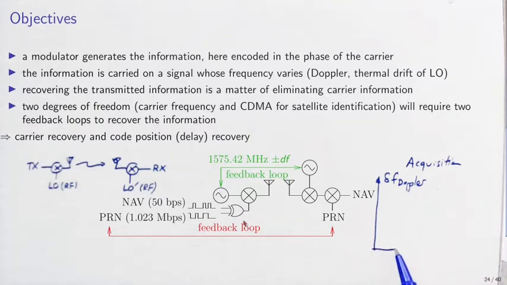And on the other hand, we will need to identify which space vehicle is transmitting, so flowing through all the possible pseudo-random sequences. So here the problem will be quantized with the number of space vehicles, and we've seen that there are currently 31 satellites in the GPS fleet.